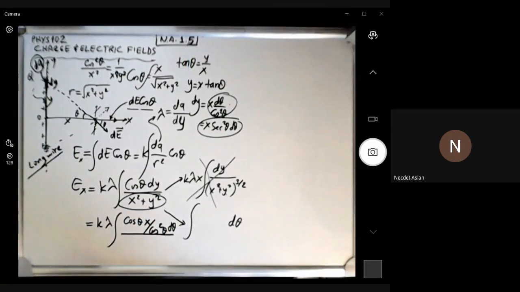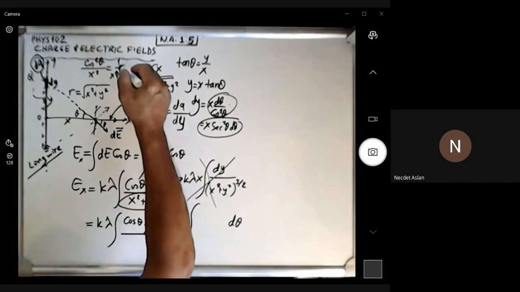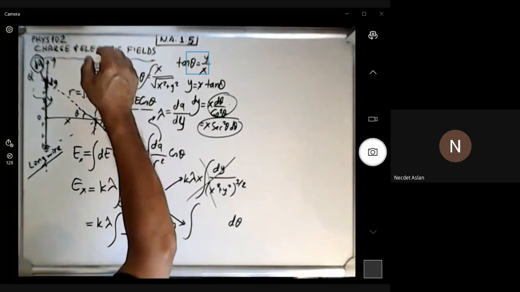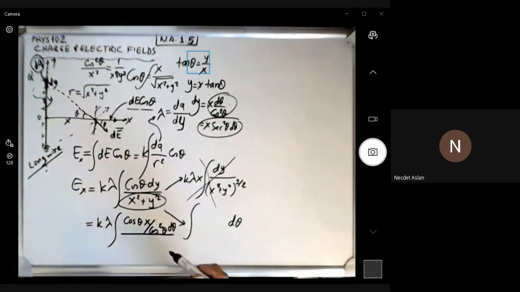In other words, instead of 1 over x squared plus y squared, I can write directly cosine square theta over x squared.